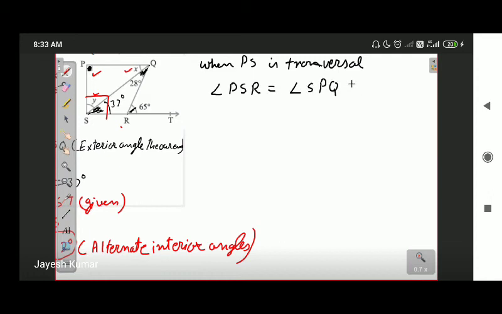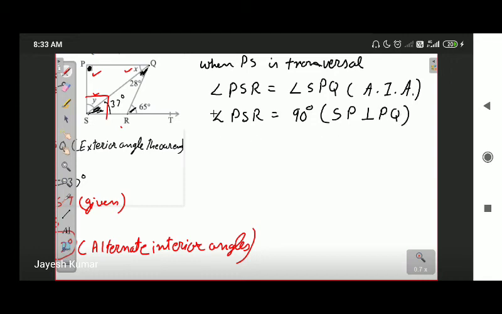Okay, alternate interior angles, and angle PSR should be equal to 90 degree. Why 90 degree? Why have I put SPQ as 90 degree? Because SP line was perpendicular to PQ.